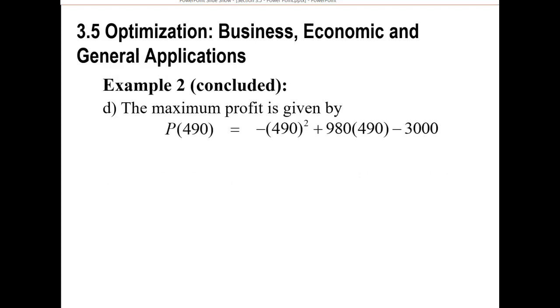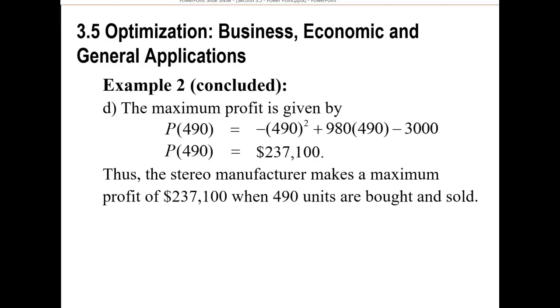And then the maximum profit that you would make if you sold 490 units is what you get if you plug that back into your profit function. So $237,100. So the stereo manufacturer makes a maximum profit of $237,100 when 490 units are sold and bought.